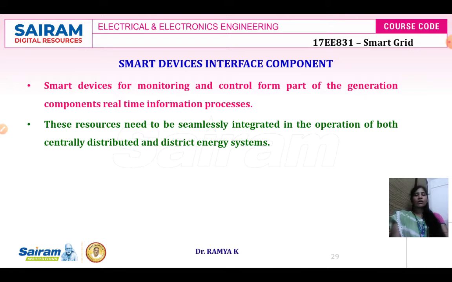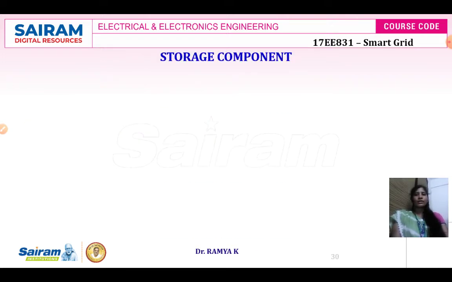The next component in the smart grid is the storage component. Storage component means we will have different types of storage elements. For example, the energy obtained from nature, whatever energy from solar, we are getting an amount of power. That power is not constant throughout the day, throughout the month, or throughout the year.